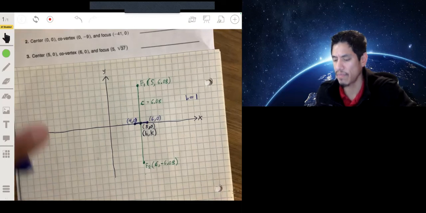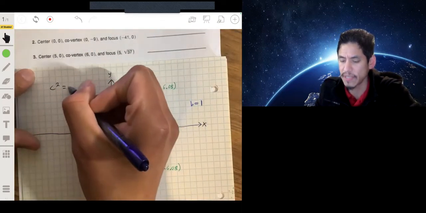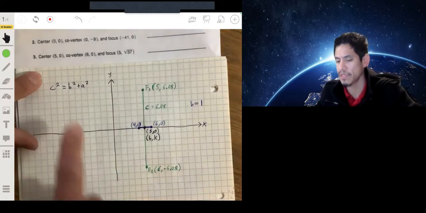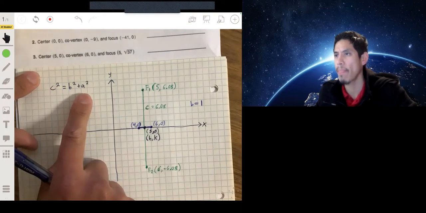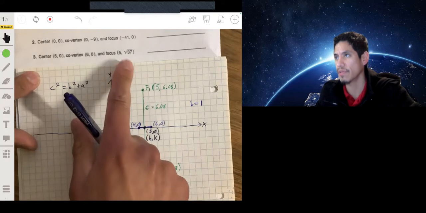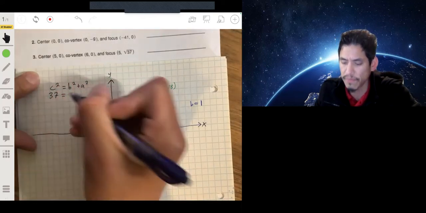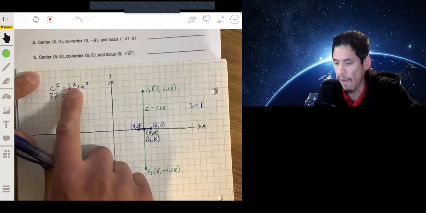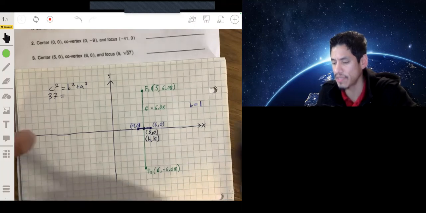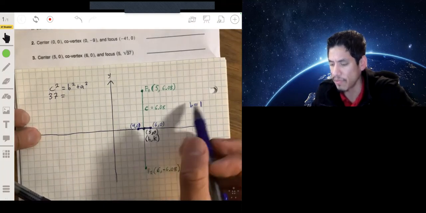Let's figure this out by using the equation where A, B, and C are related as C squared is equal to B squared plus A squared. So we can solve this for A. C is the square root of 37. So when you square the square root of 37, you'll get 37. So C squared will be 37. B is 1. Remember, B is the distance from the center to the co-vertex.